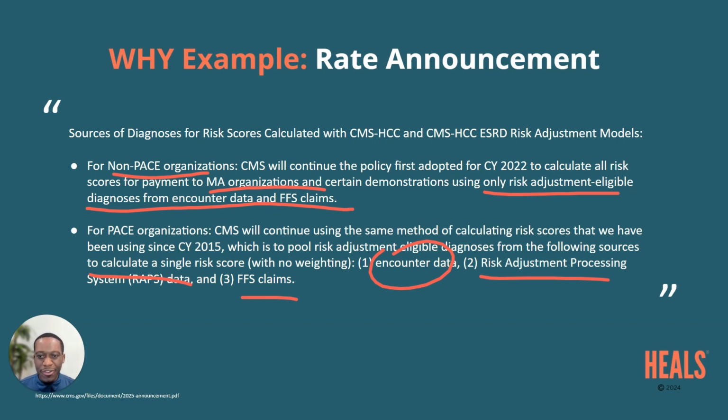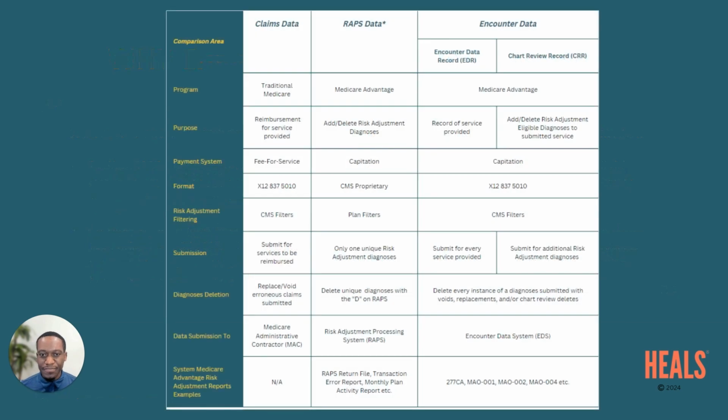So it is very important that knowing encounter data, fee-for-service data, and RAPS data are all needed as you work out your risk adjustment eligible diagnoses for your Medicare Advantage risk adjustment. That is what the cheat sheet does, bringing all of them together in a very easy to understand way that can help you and your staff as you work on your risk adjustment operations.